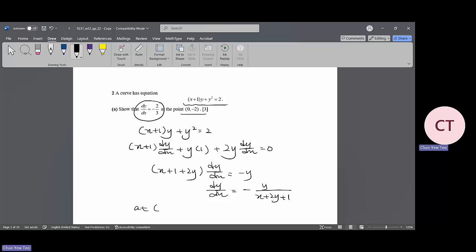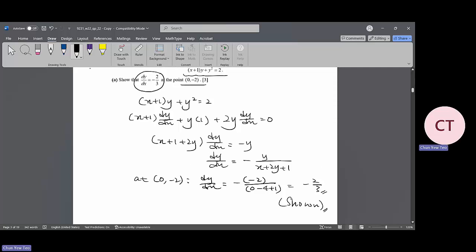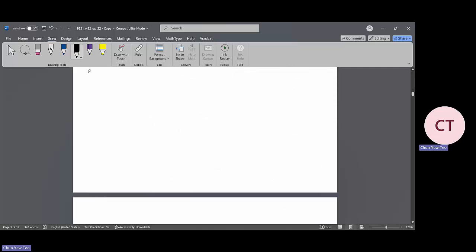At the point (0, negative 2), dy/dx will be negative of negative 2 over 0 minus 4 plus 1. So at the end, you get negative 2 over 3. Shown. This will be the answer for part A. Move on.